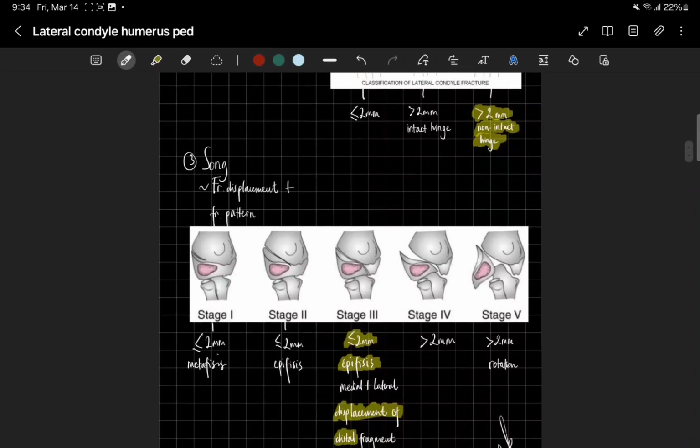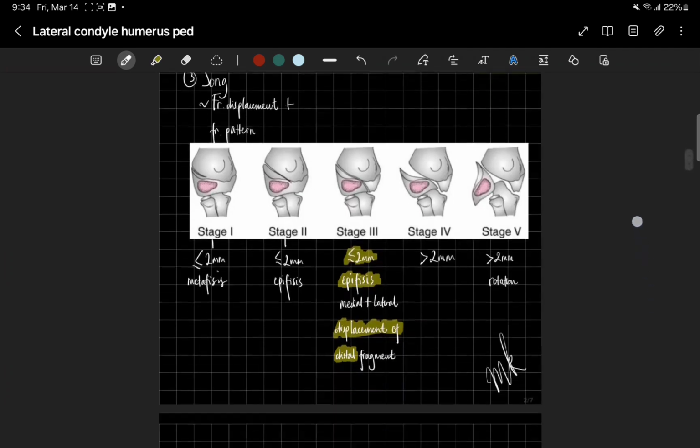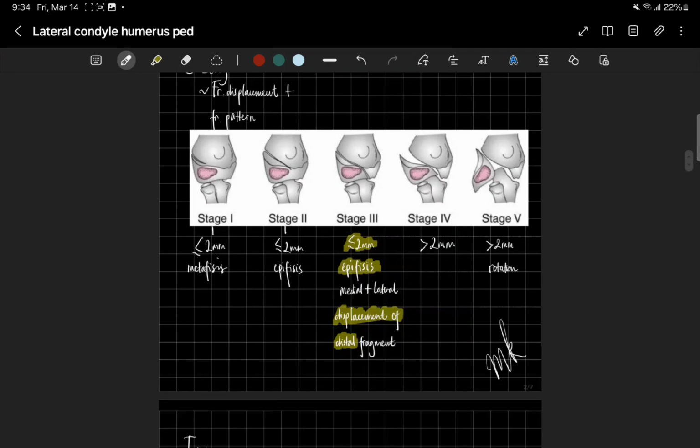We move on to the last classification, the Song classification, which depends on the fracture displacement and fracture pattern. I remember it from stage 3. If the fracture is going through the metaphysis and through the epiphysis, it divides the distal fragment into lateral and medial fragments.